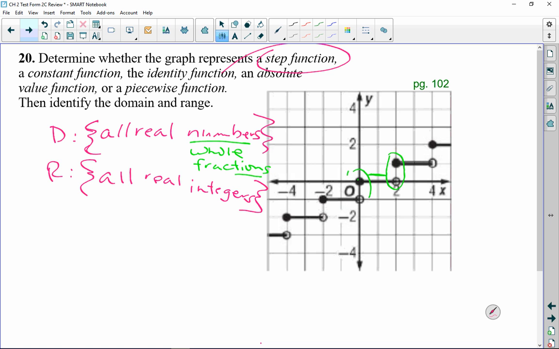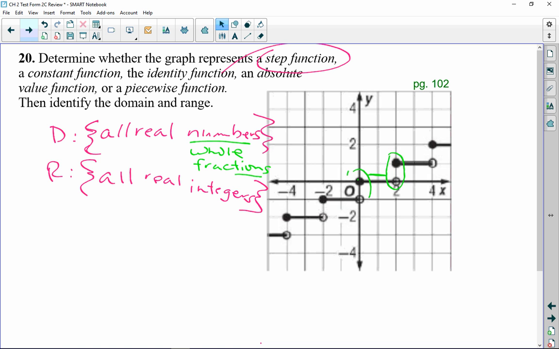Just the word integers means that I'm including only the whole numbers and not the fractions. Does everybody understand that? Don't let that little simple thing trick you up, because they may put it on there like that. They may say all real numbers. That should be pretty simple as long as you remember.